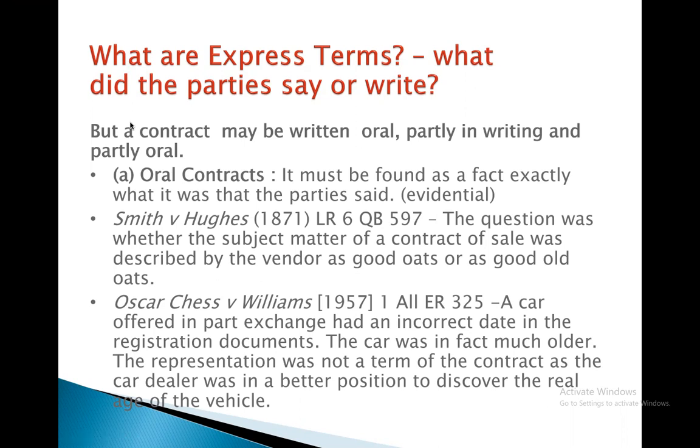Having known in a nutshell the difference between express and implied terms, we will proceed to take them one after the other.